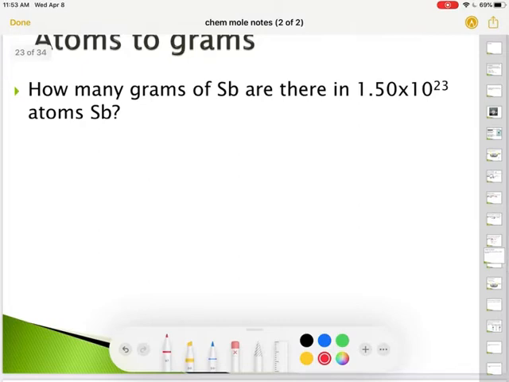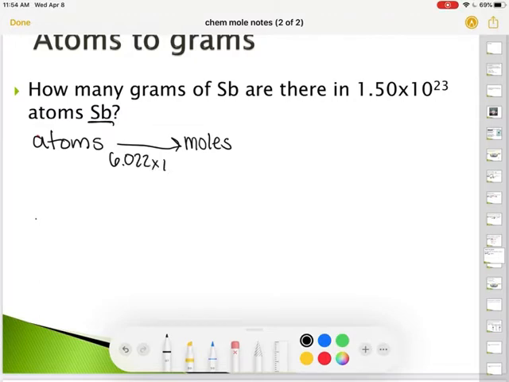All right, so to go from atoms to grams. So I know I have a certain amount of atoms of Sb, which is antimony. I can go from atoms to moles. Okay, and I can use my conversion factor, which is 6.022 times 10 to the 23. Okay.